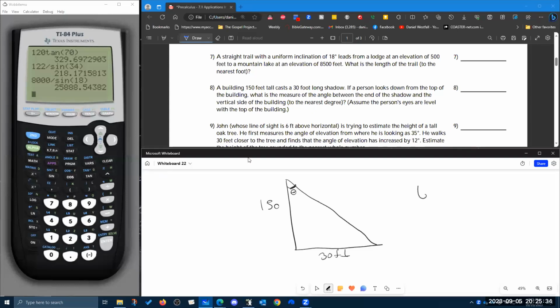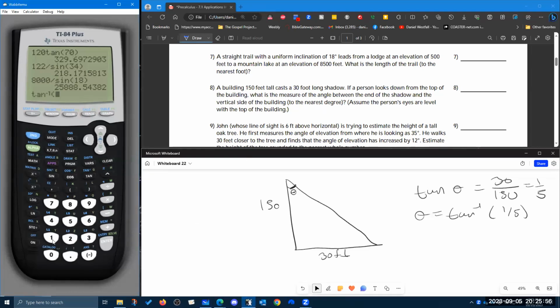So tan theta is equal to 30 over 150, which is equal to 1 over 5. Theta is equal to arctan of 1/5, and theta is about 11 degrees.